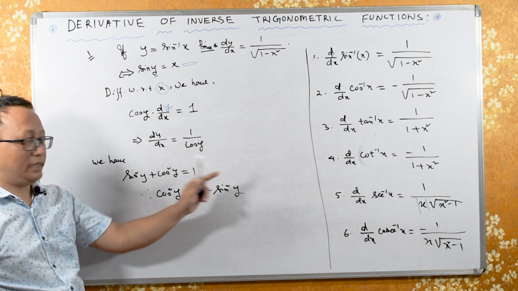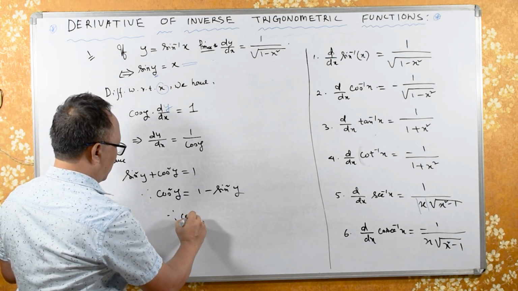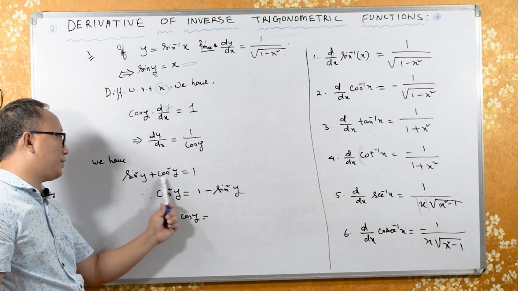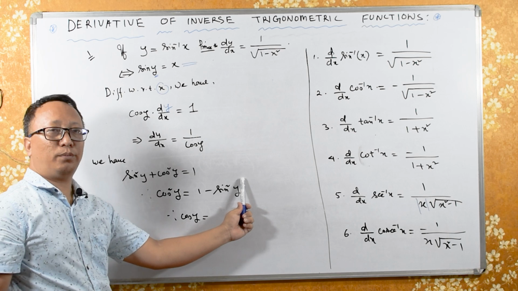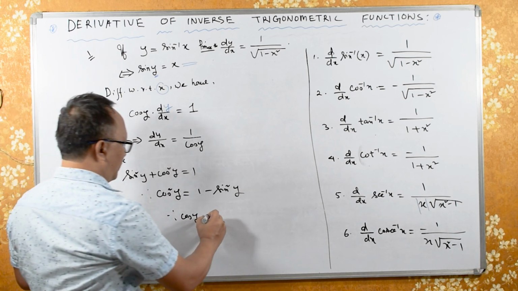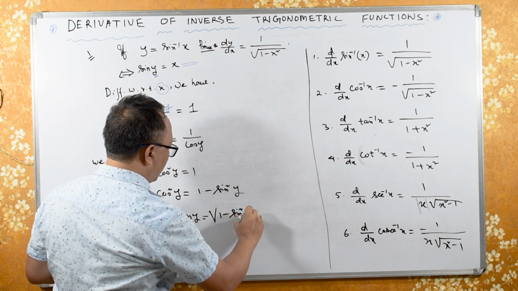Taking square root on both sides, the square root and square get cancelled, and we have cos y equals square root of 1 minus sine square y.